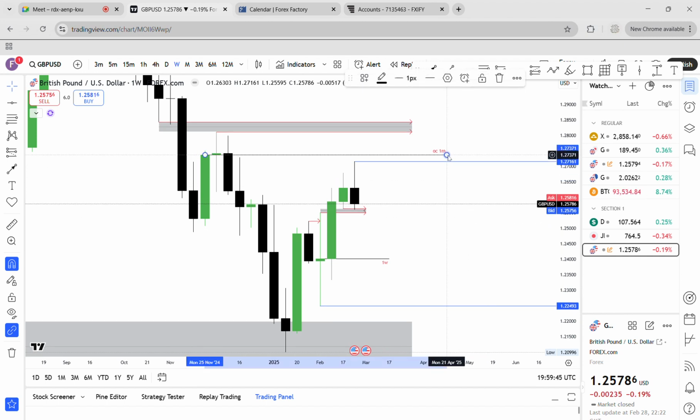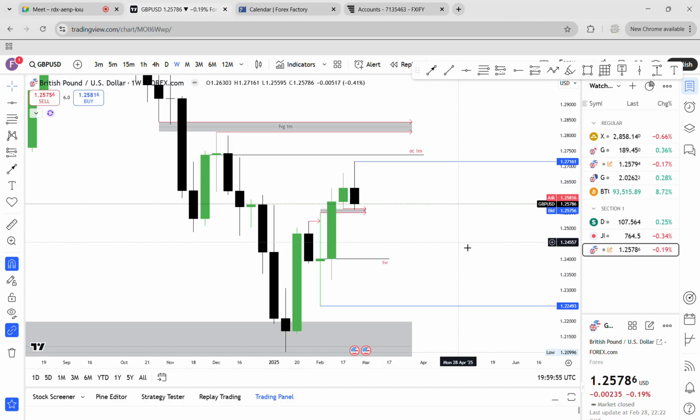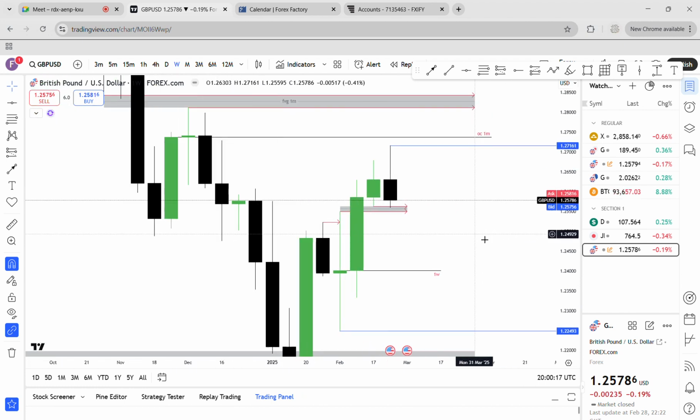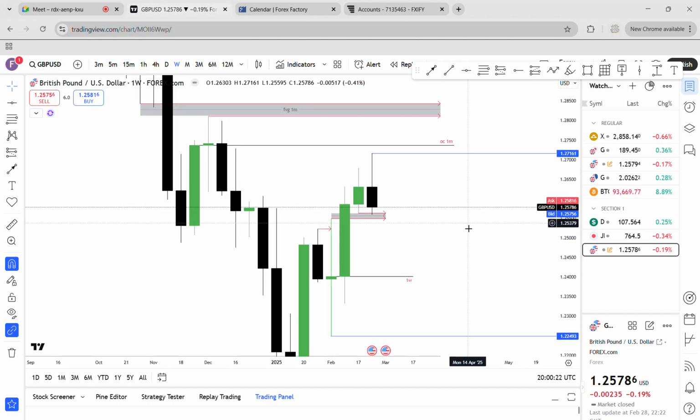So you already know what it is, and this is a fair value gap from the monthly time frame, FVG 1 month. So this is the weekly time frame. This is basically where we are starting from right now.